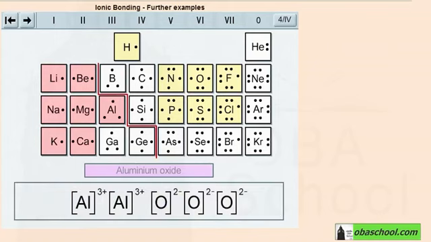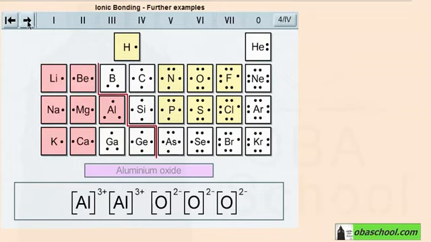So now we have 2 Al3+ ions and 3 O2- ions. So the formula of aluminium oxide is Al2O3 because we have 2 aluminium ions and 3 oxygen ions.